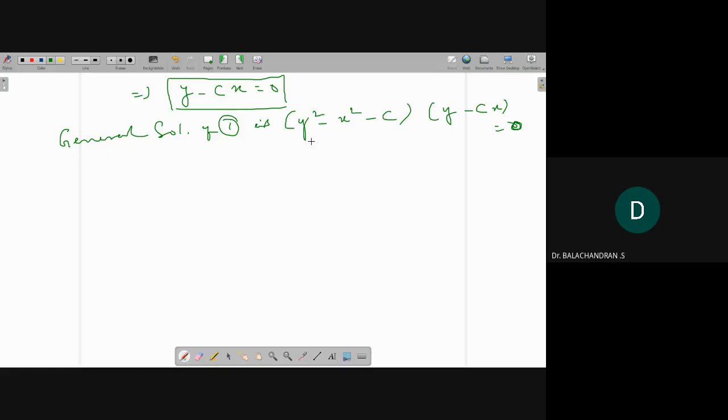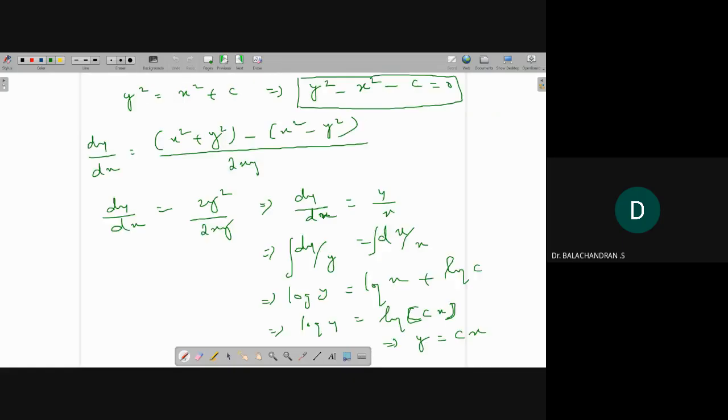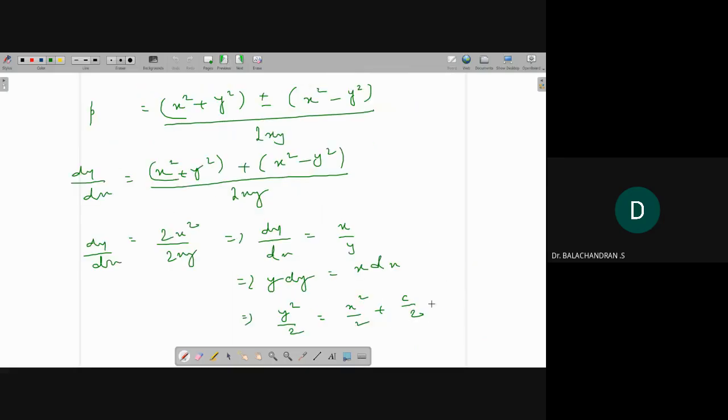For example, suppose if you don't divide by 2 here, if you take just c, then you'll get y square equal to x square plus 2c. So then y square minus x square minus 2c equal to 0. So this is also correct.